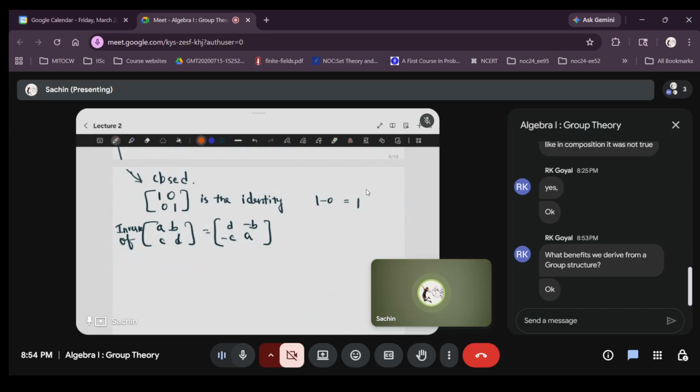So when you are dealing with a particular group, there might be properties that are specific only to that group, and then you can't apply those ideas that you have about one group to some other group. But whatever analysis and whatever results we get for a general group G with a general operation star, you can apply to any particular example.